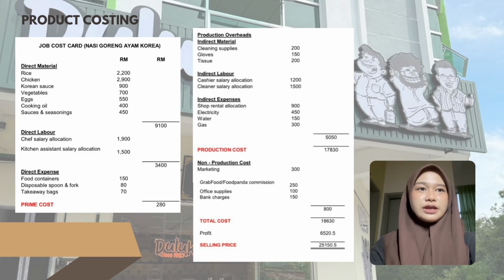The production overhead is 5,050, consisting of indirect materials, indirect labor, and indirect expenses such as rental, electricity, water, and gas. As a result, the production cost is Rm 17,830, and after adding the non-production cost of 800, the total cost is Rm 18,630.